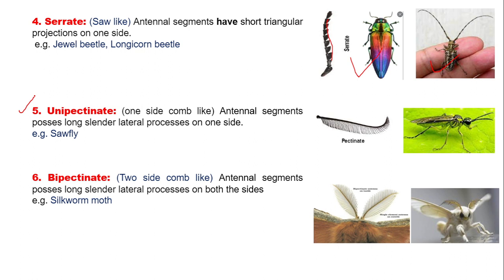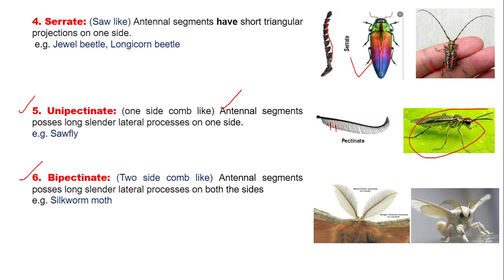Unipectinate antenna or one-side comb-like antenna. In this type of antenna, the antennal segment bears long, slender lateral processes on one side. Unipectinate antenna is found in sawflies.